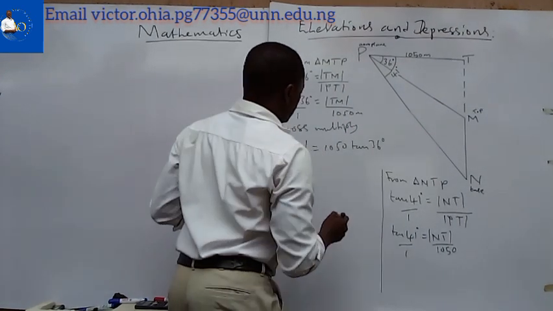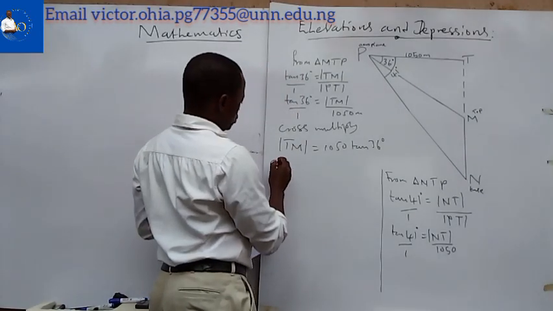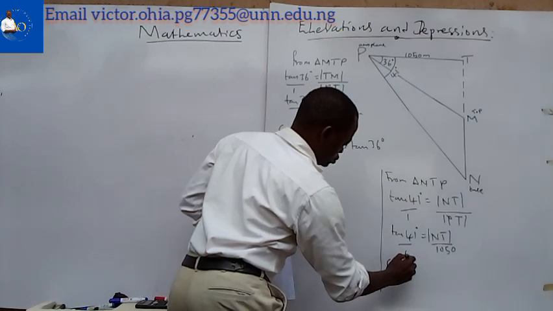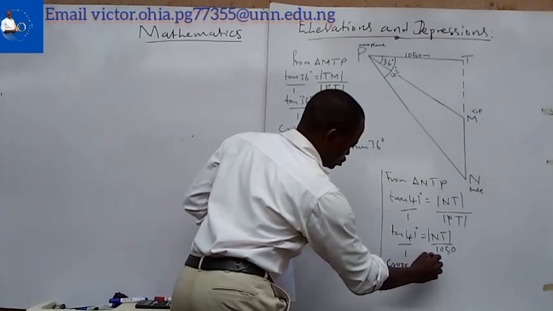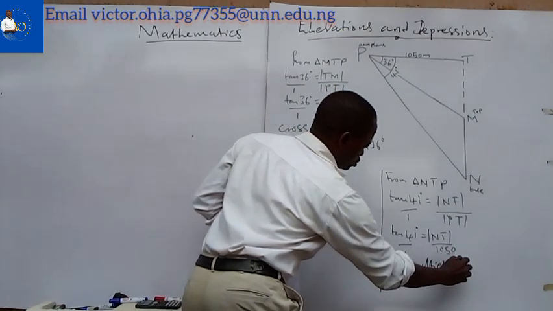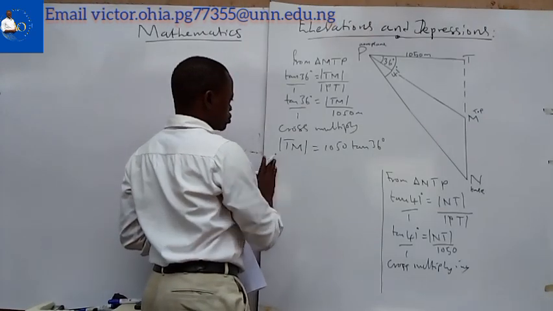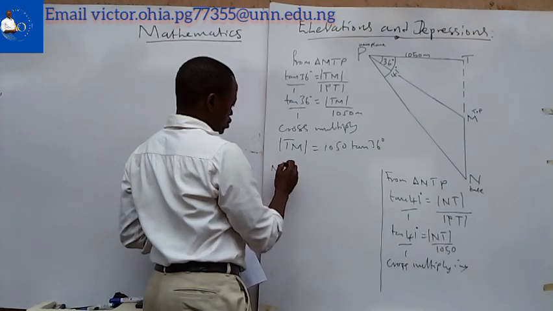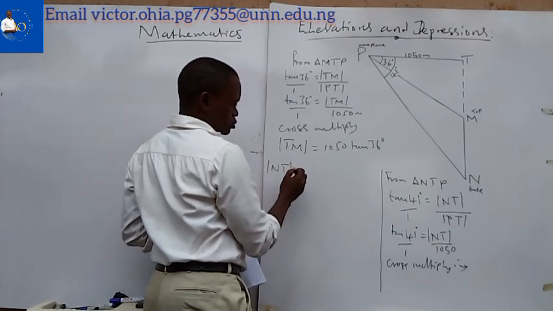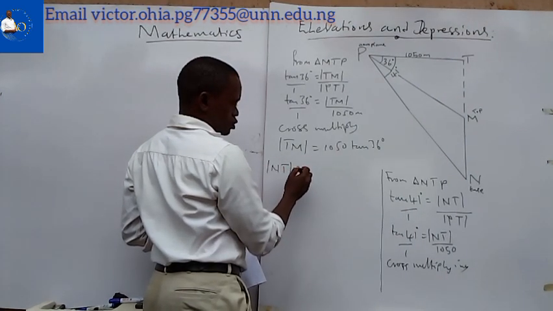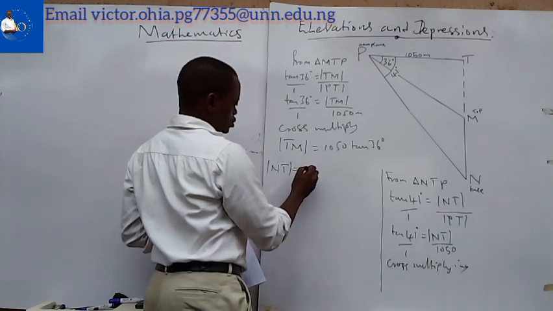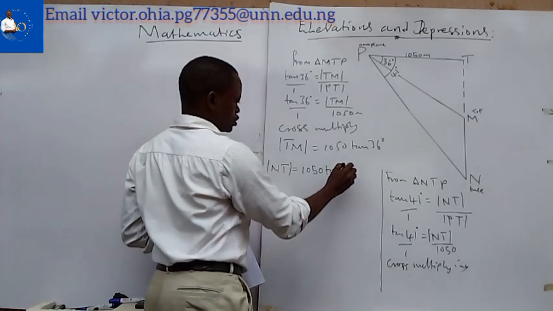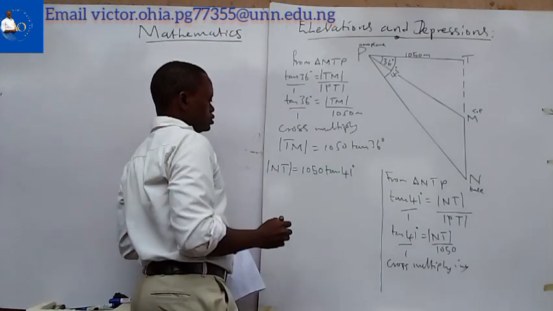I will cross multiply. I'm sure you see cross multiplying. So here will be that value, NT equals 1050 tan 41 degrees.